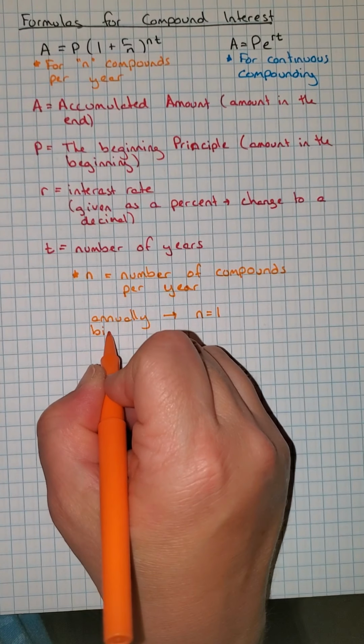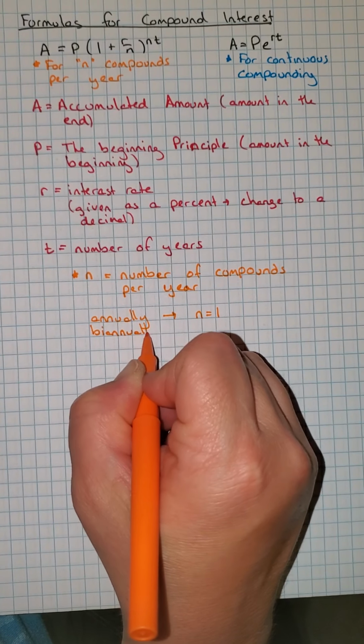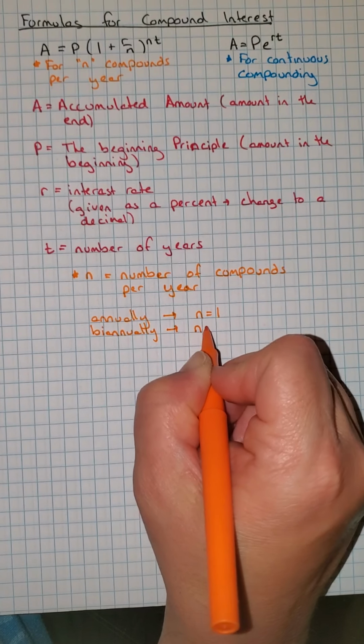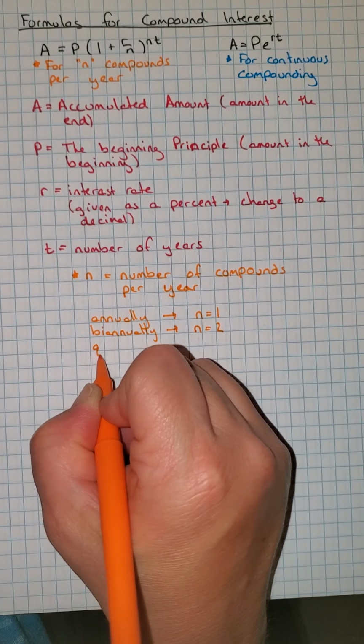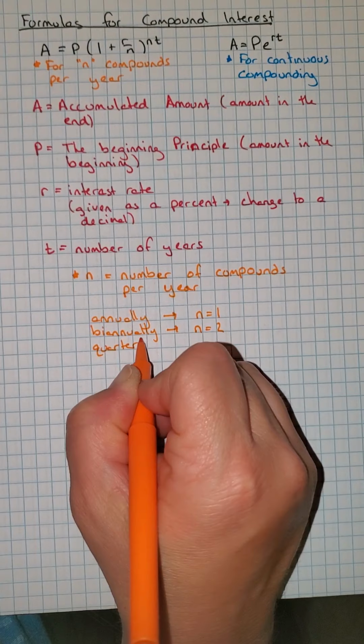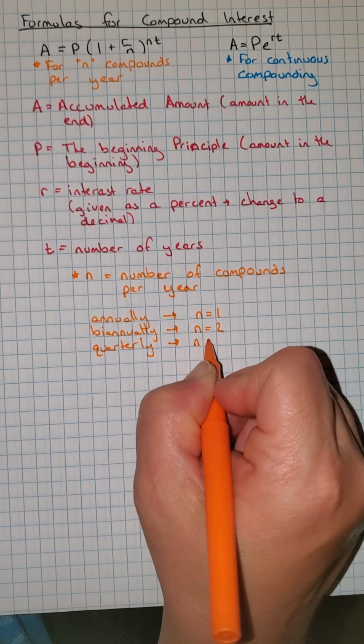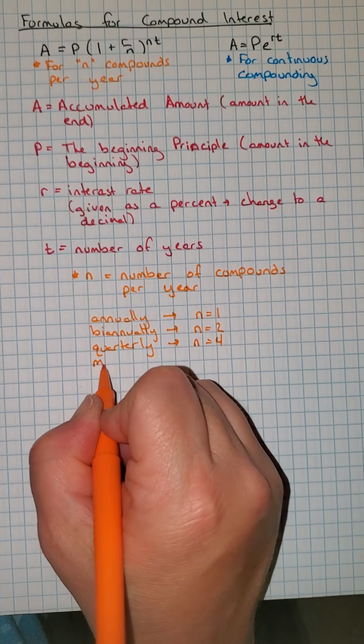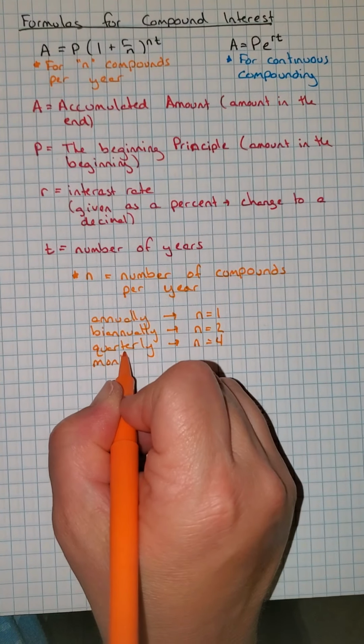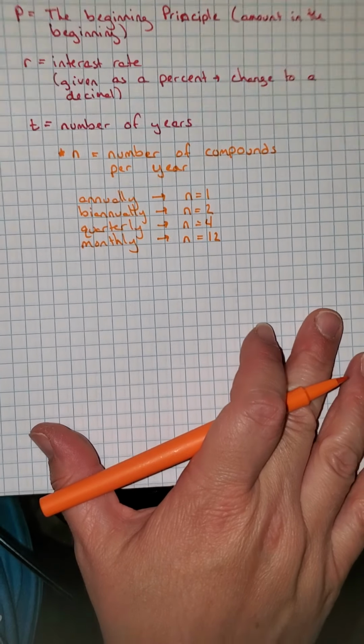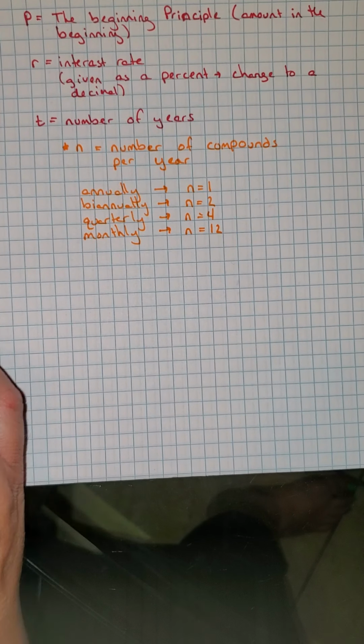If it's biannually, N is 2. If it's quarterly, N is 4. If it's monthly, N is 12. Okay, so there's others, but those are the most frequent.